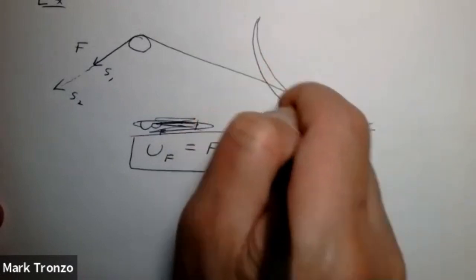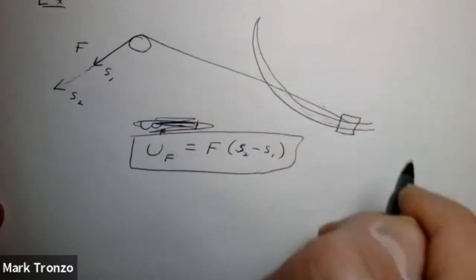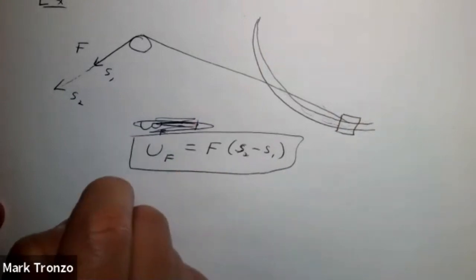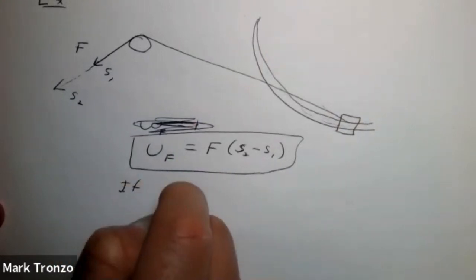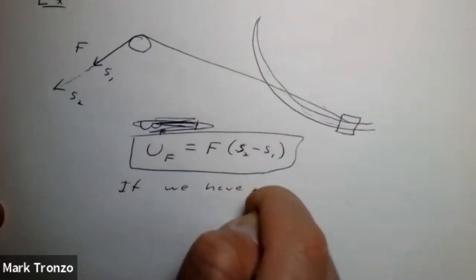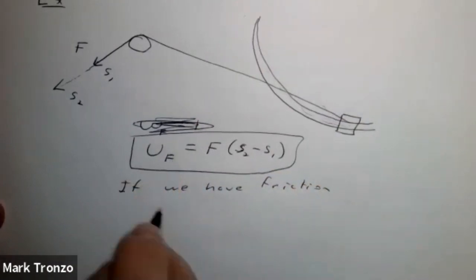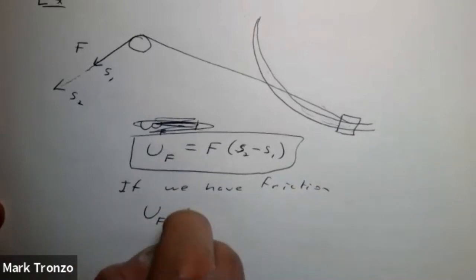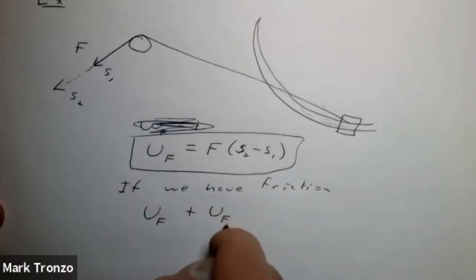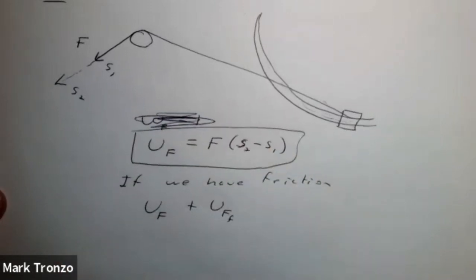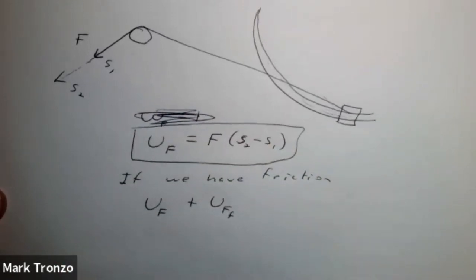So we probably would have to integrate it. But yes, you're right. If we have friction, then yes, we can just take this one here, the U of F, plus our friction force, though we'd have to integrate. That's a good question. Any other questions on that?